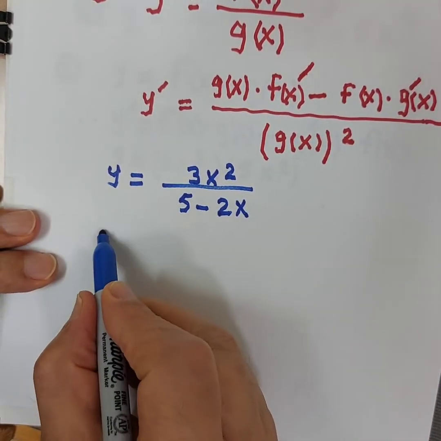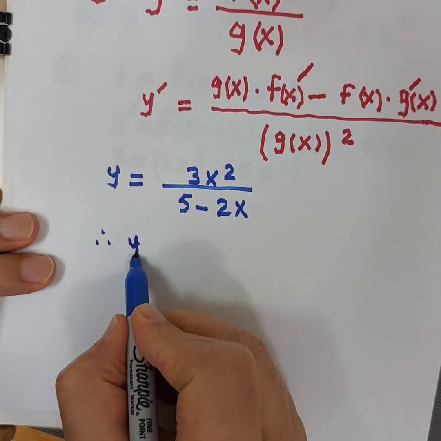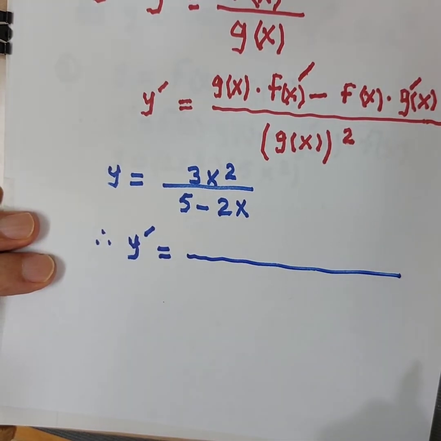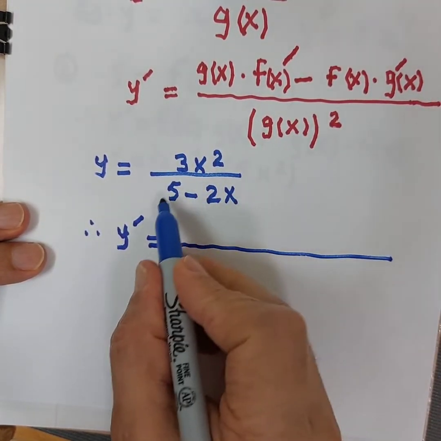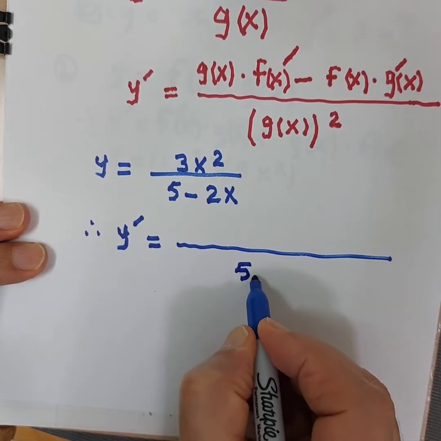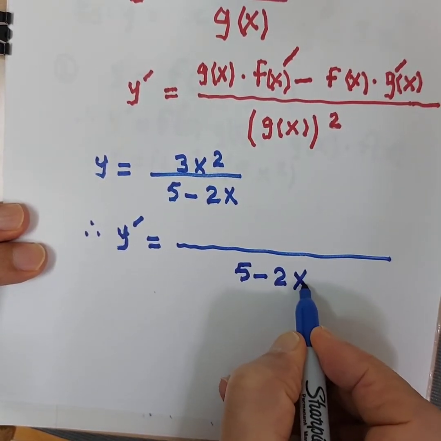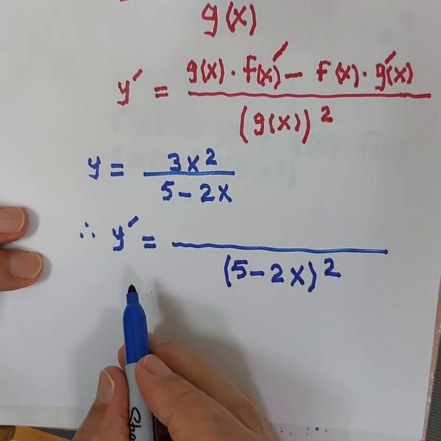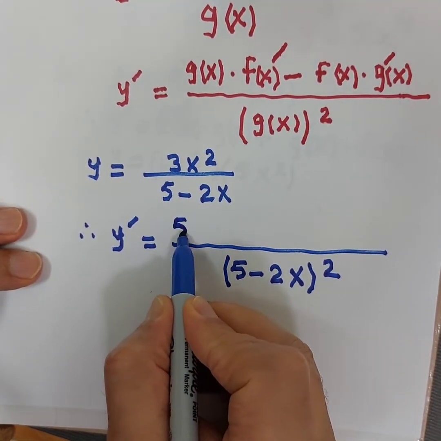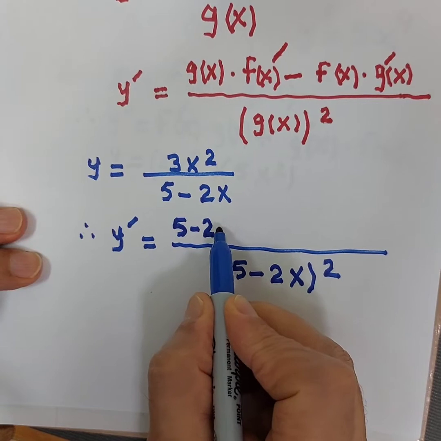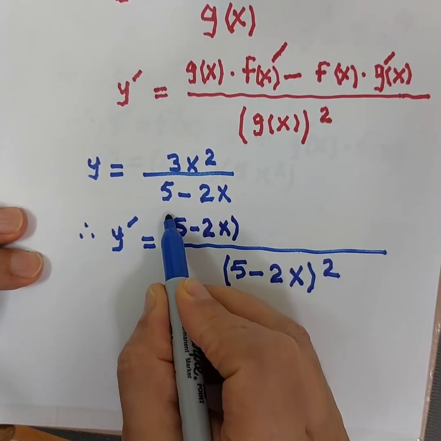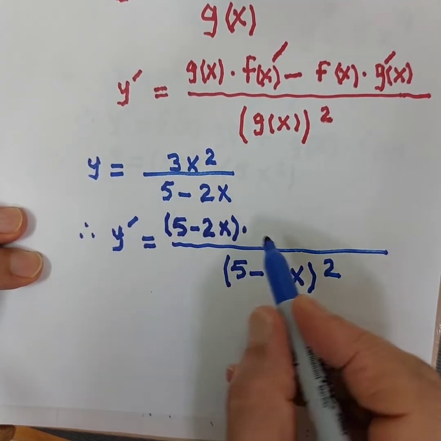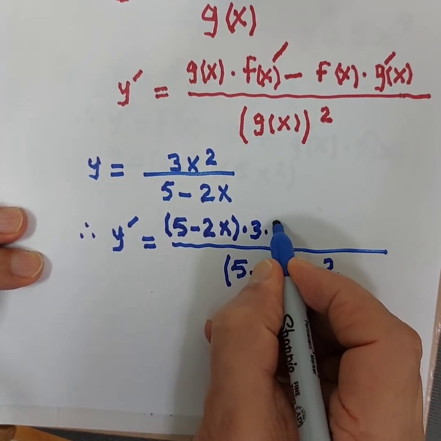So the rule says the derivative y dash is equal to, first of all, we make the line of fraction, and the bottom we will write squared: 5 minus 2x all squared. And the top we will write the bottom, which is 5 minus 2x, multiplied by the derivative of 3x squared. The derivative of 3x squared is 3 times 2x.